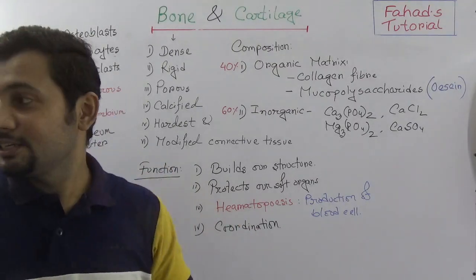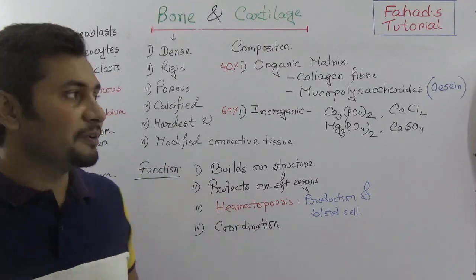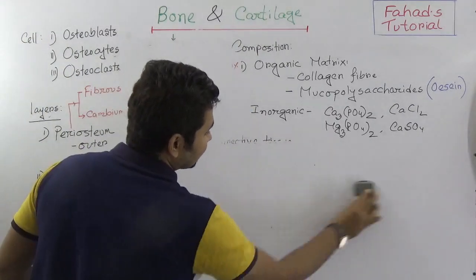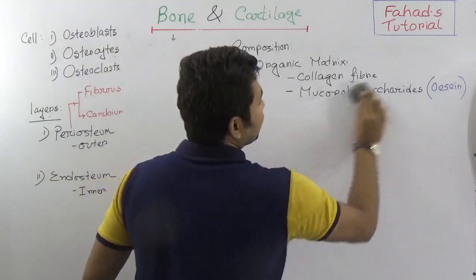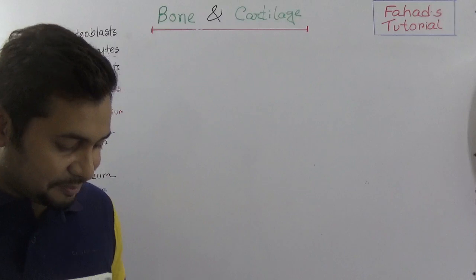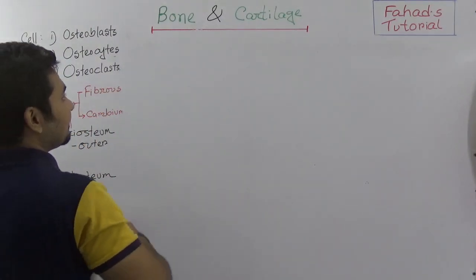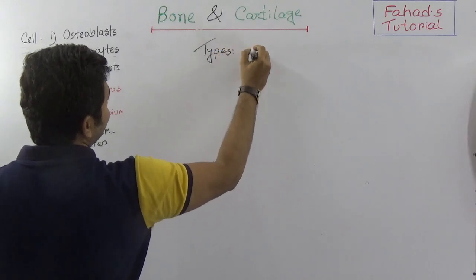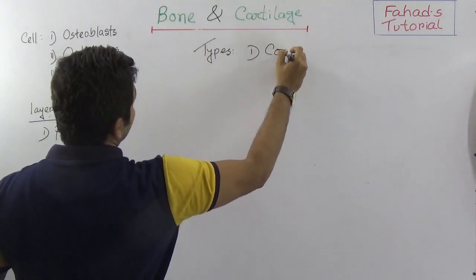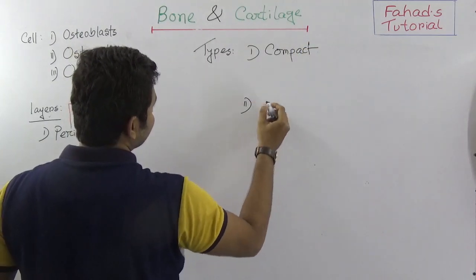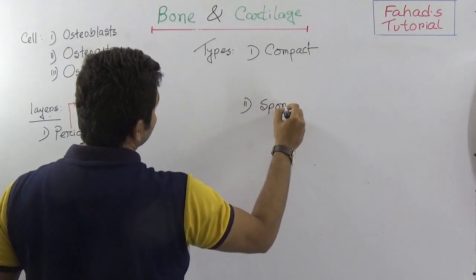Now if you think closely, we simply know that the types of bones are two types. What? Compact bone is number one, and number two is spongy bone.